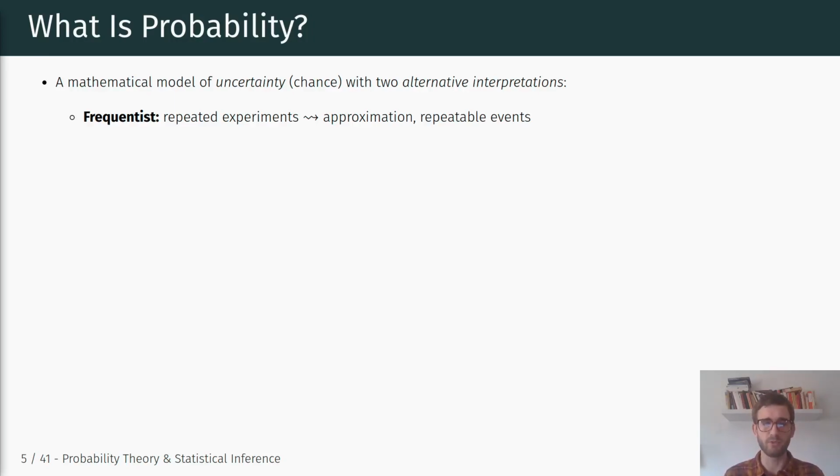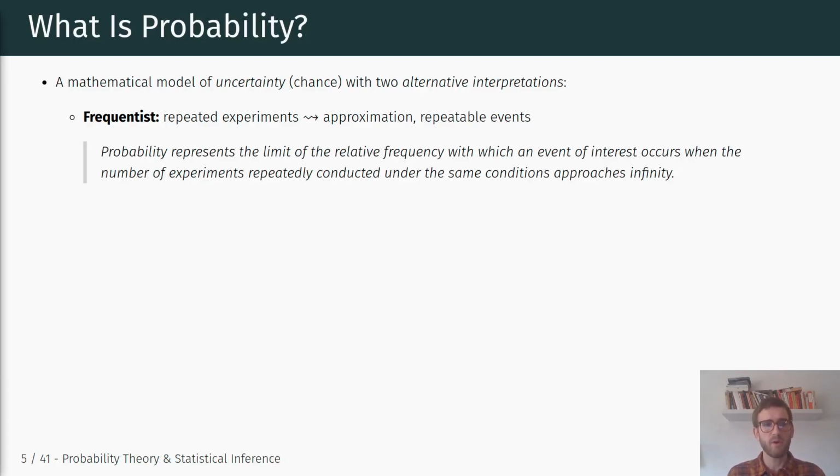And this frequentist interpretation, which we focused mostly on in the previous semester in 701, is based on this notion of repeated experiments, right? And so we're thinking about probability as describing chance over repeatable events, and we're approximating the relative frequency of an event occurring over repeated experiments, okay?